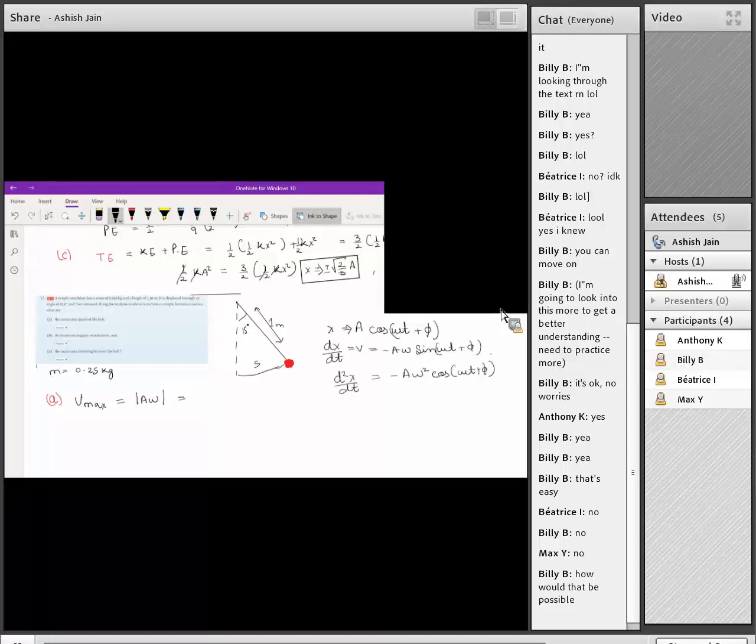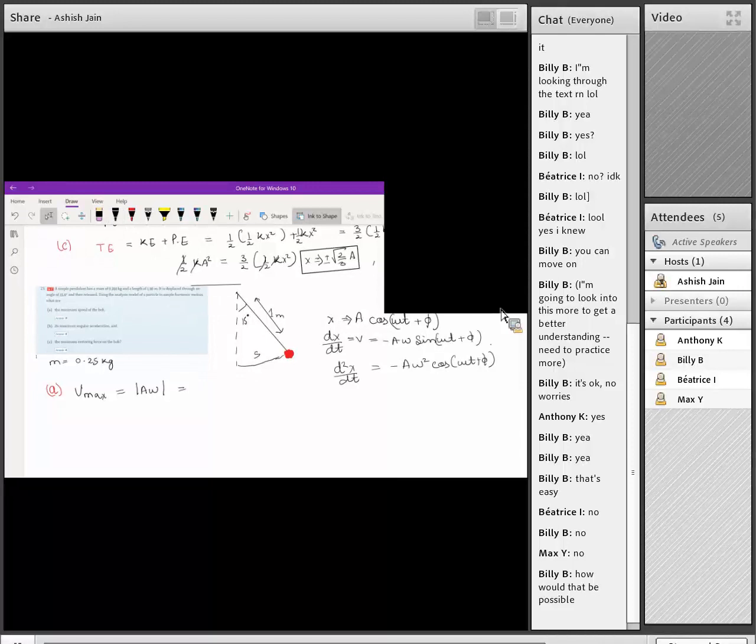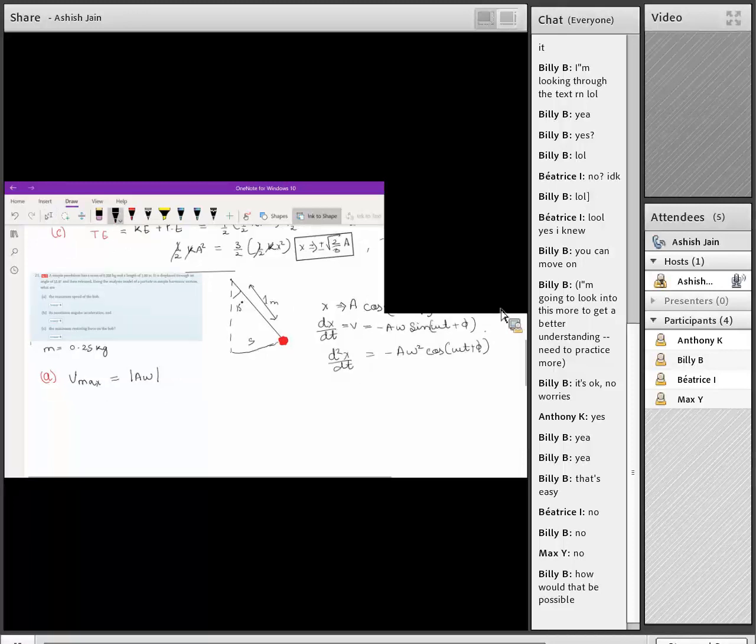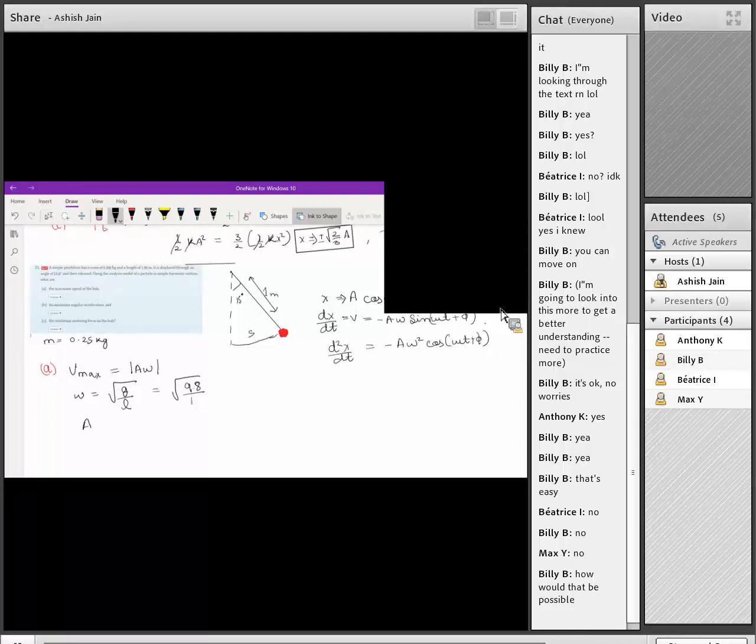So let's find it. We don't have any of them, it's not given directly in the question, so omega is given as root g by L, right? That'll be 9.8 divided by 1. And what is A?